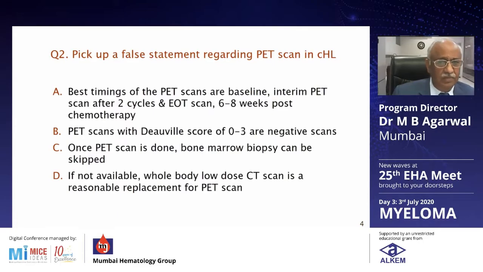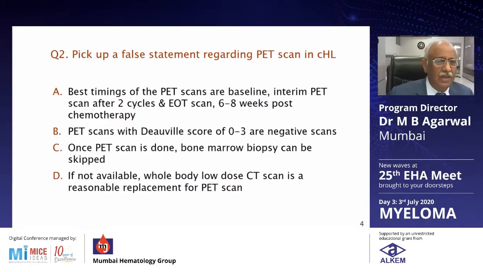Pick up the false statement regarding PET scan in classical Hodgkin lymphoma. So we're talking about classical Hodgkin lymphoma, PET scan, 4 statements, 3 correct, 1 wrong. After I read this out, you'll have 20 seconds.